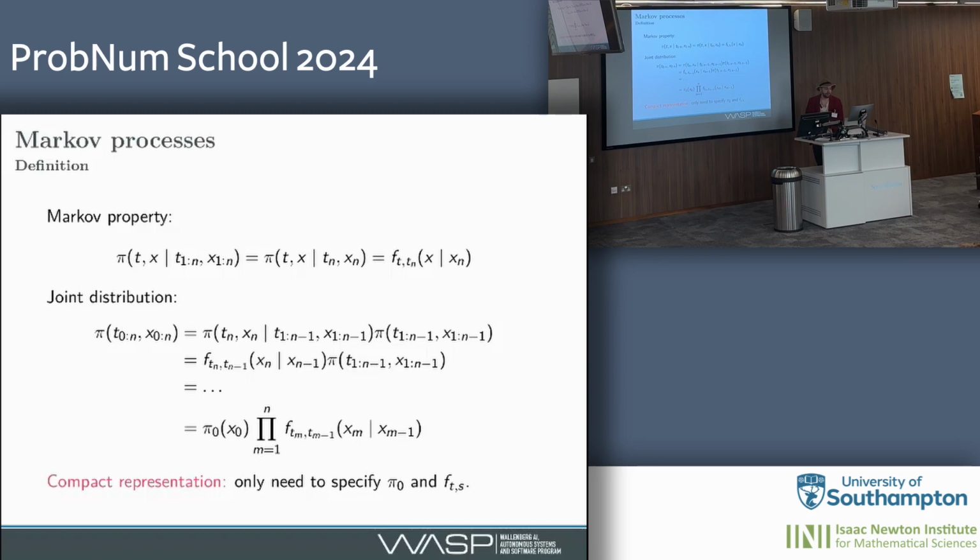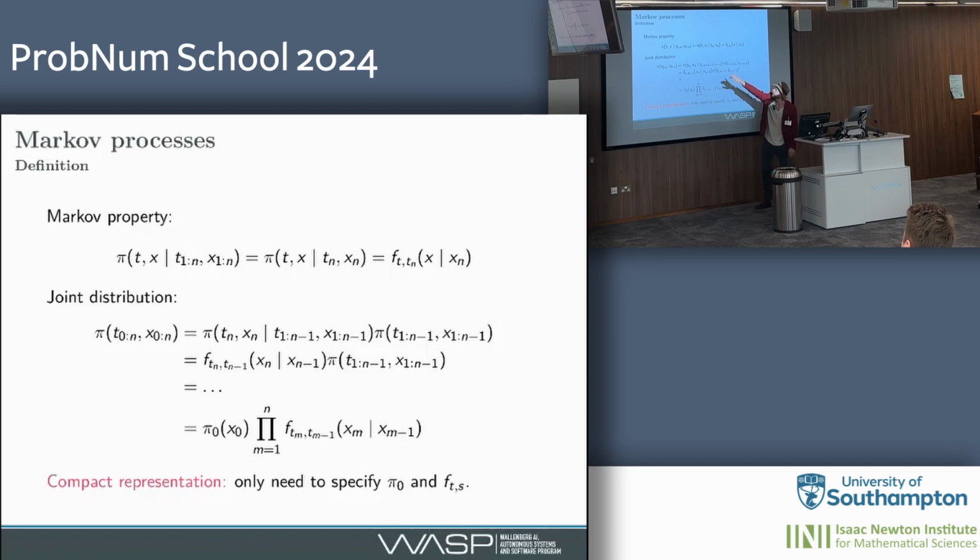And so what's a Markov process? Suppose we have a stochastic process X. The Markov property says that if the process is known at a bunch of time points t1 through tn, and then at some future time point t, the conditional density just depends on the latest time point.